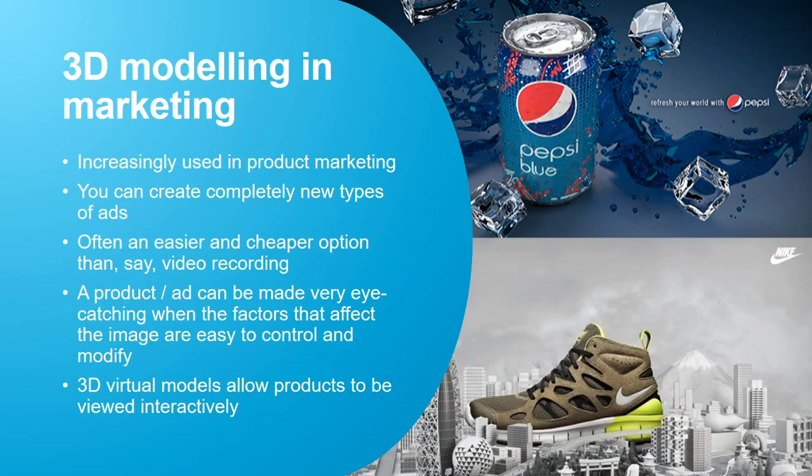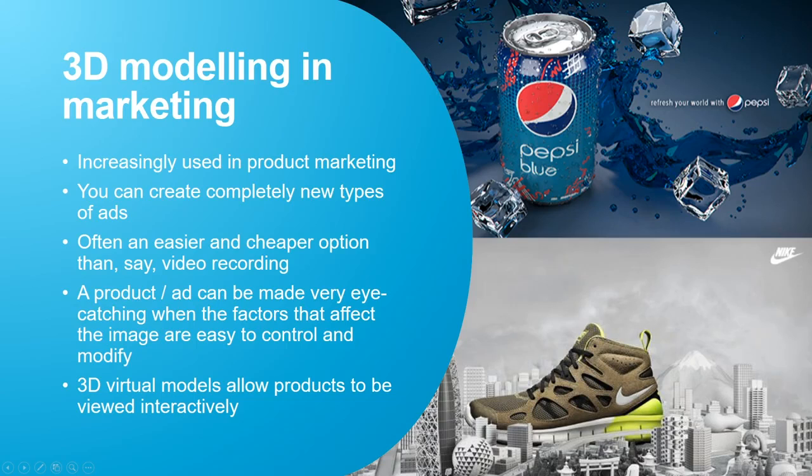3D modeling has also been used to advertise various products for a long time. When a product is 3D modeled, it can be taken to any invented environment, such as a Nike sneaker there, or modeling any effects around it, like in that Pepsi ad.